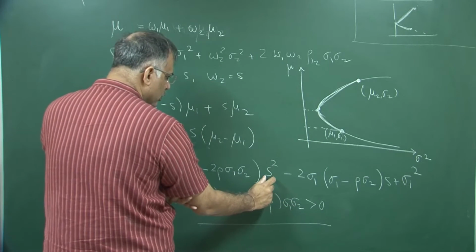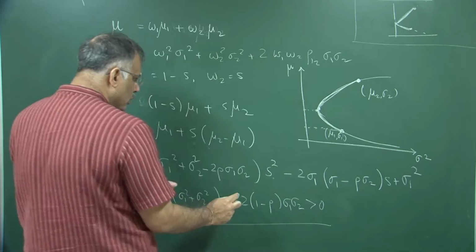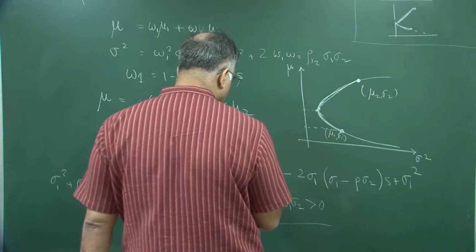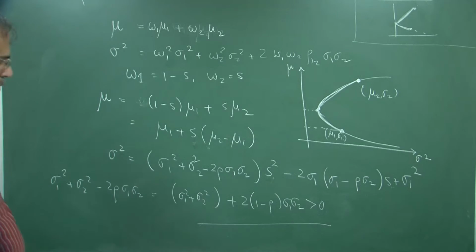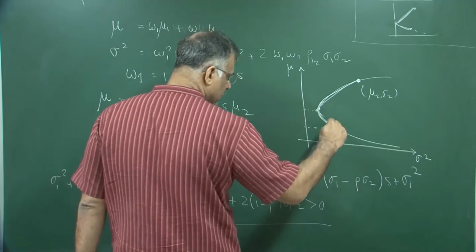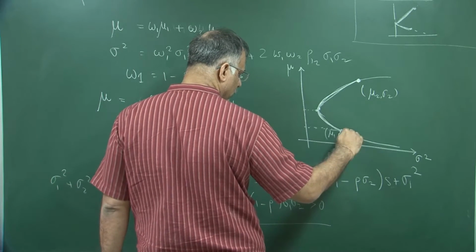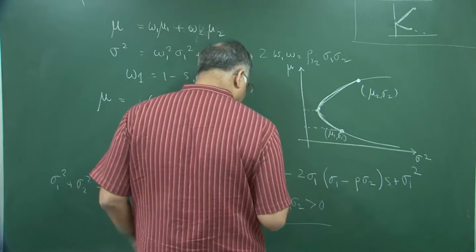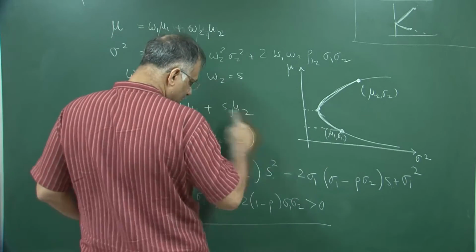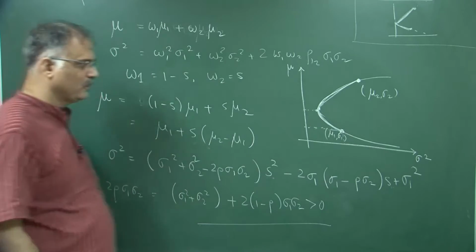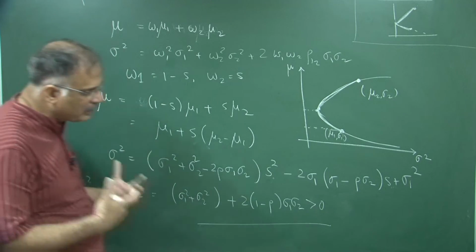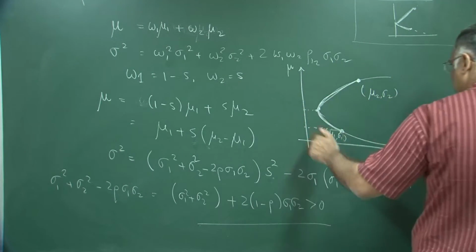Because S is now between 0 and 1, this thing does not keep on dominating, because S is bigger than S square. So, though it is finally positive, this value actually keeps on decreasing. Then after some value of S, this thing dominates this part and then it goes on increasing. That is the clean idea why the curve looks like this.